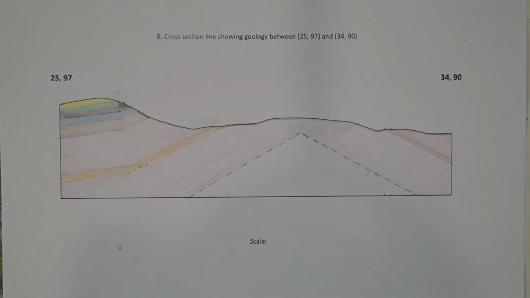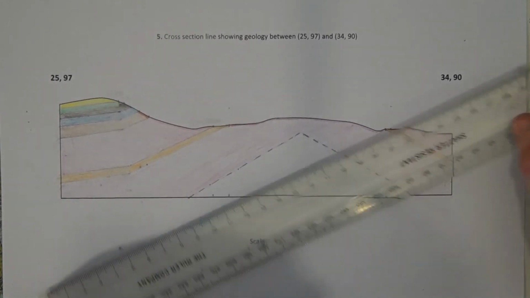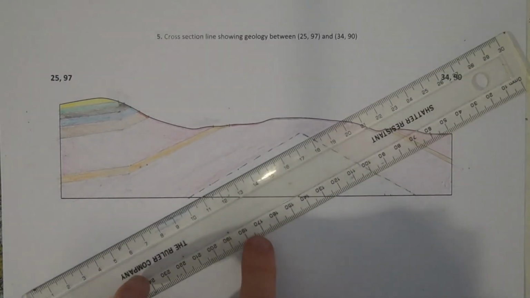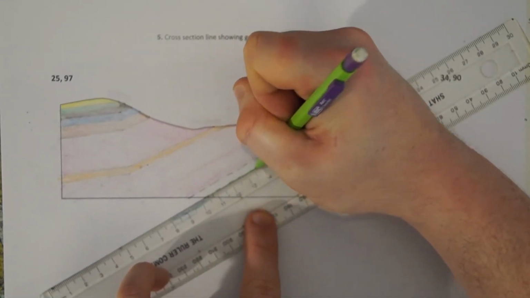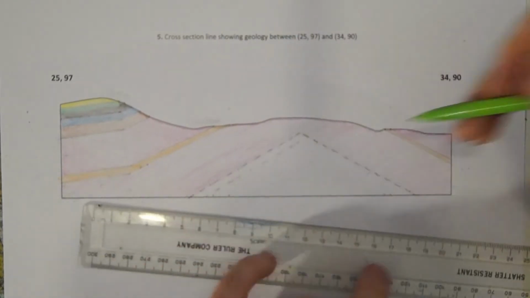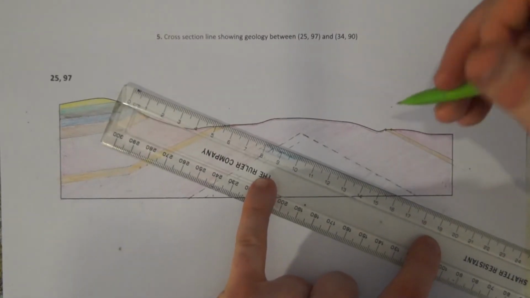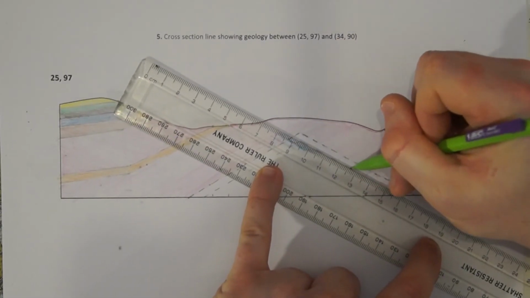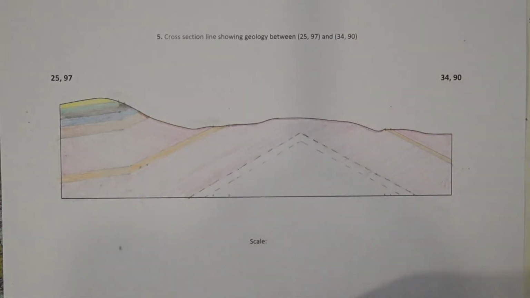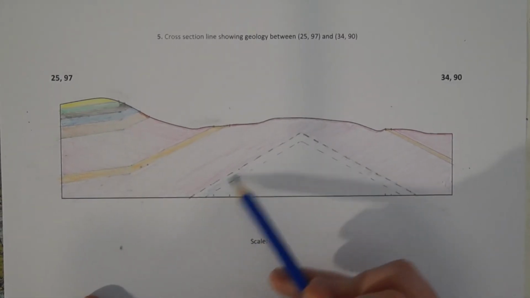And then what I'm going to do is have a look at the stratigraphy for the Silurian rocks, and I can see that there's just a relatively thin bed of limestone, just to give my section some degree of realism.